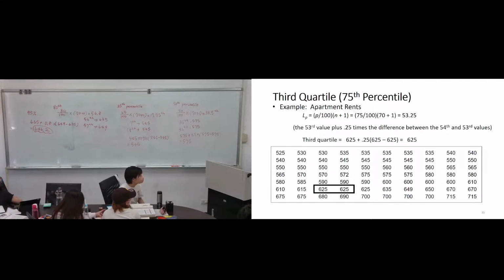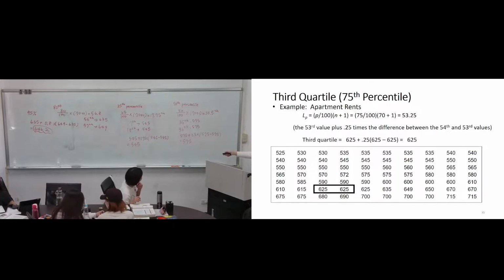And how do we interpret 575? This is the 50th percentile, so we say that at least 50% of the items take on a value greater than or equal to $575, and another 50% of the items take on a value below or equal to $575. How about the 25th percentile?